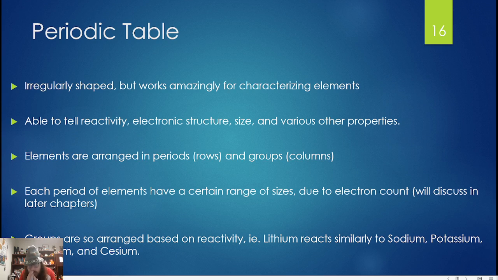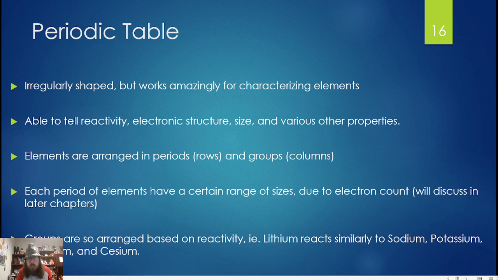Now, before we go any further, we also need to talk about the periodic table. And I'm going to slip this into this video because there's not really another place to put it, and I didn't want to make another video. So the periodic table, while this is regularly shaped, it was built to characterize elements.